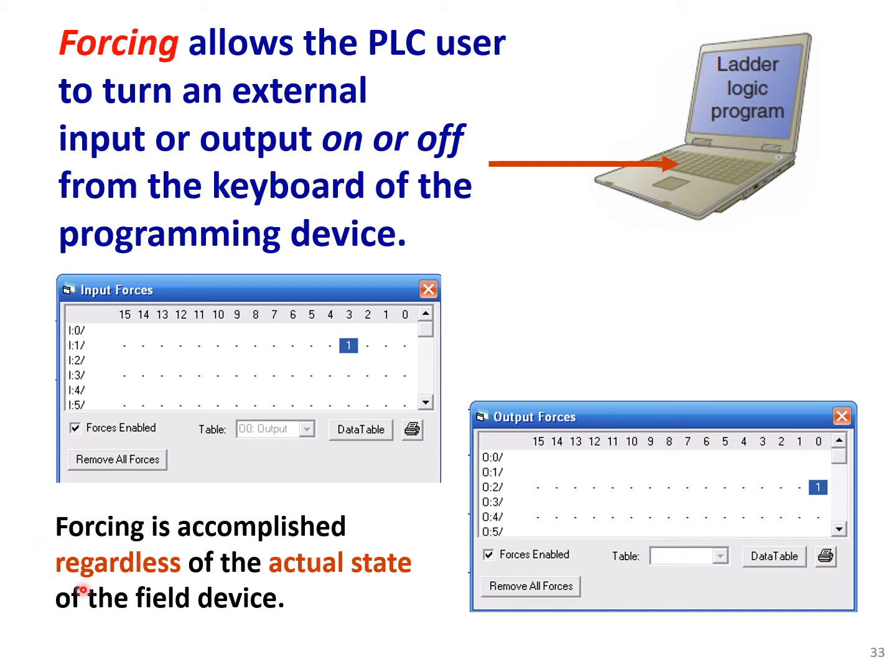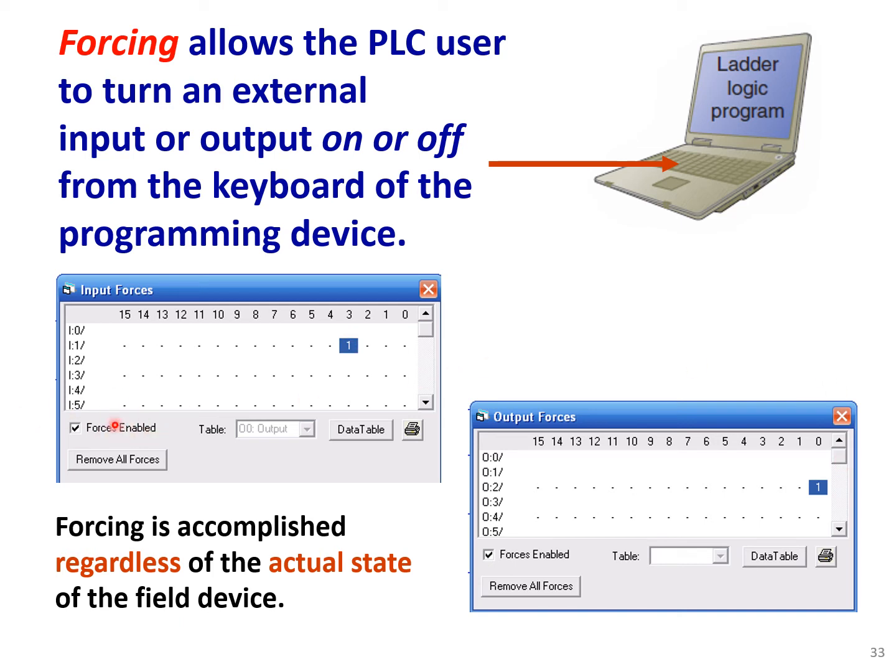Forcing is accomplished regardless of the actual state of the field device. It doesn't matter what the actual state of the field device is; we will change it. For example, here for I1 and O2, we want to force a value.